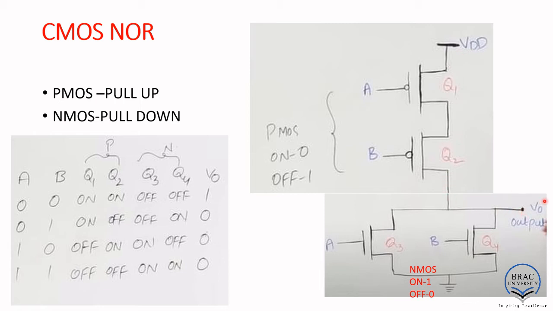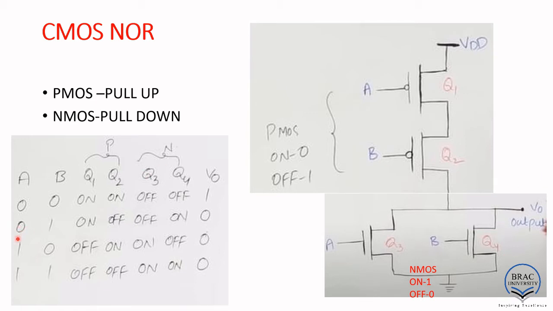That means we are getting output high. And for the NMOS, 0 0, so 0 means this is off, this is off. Off means open circuit, so V0 is not connecting to ground. So for 0 0, we are getting V0 as 1.